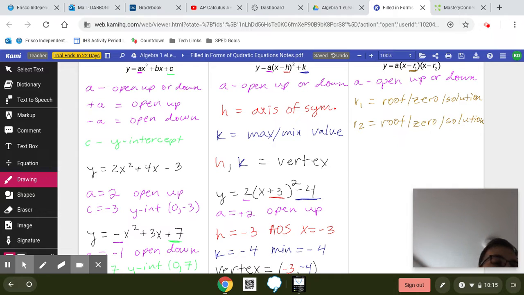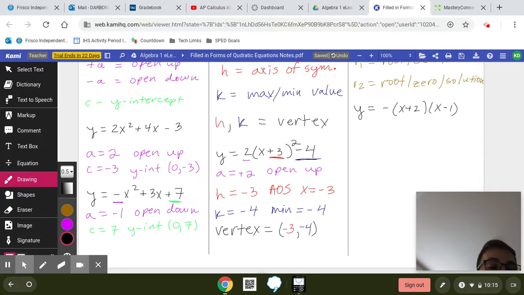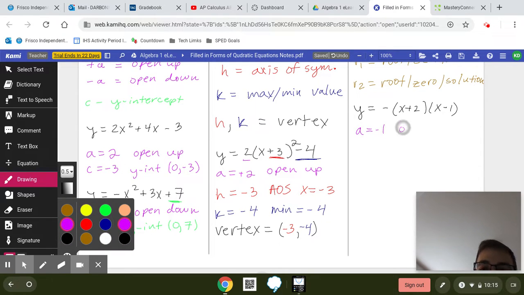So let's look at an example. So if I have y equals negative x plus 2, x minus 1, then my a value is negative. So that means we're going to open down.